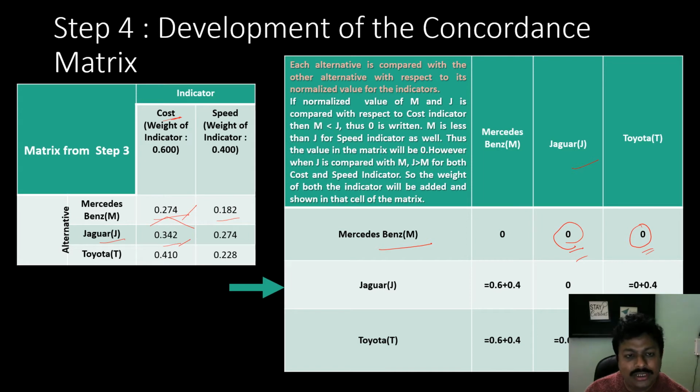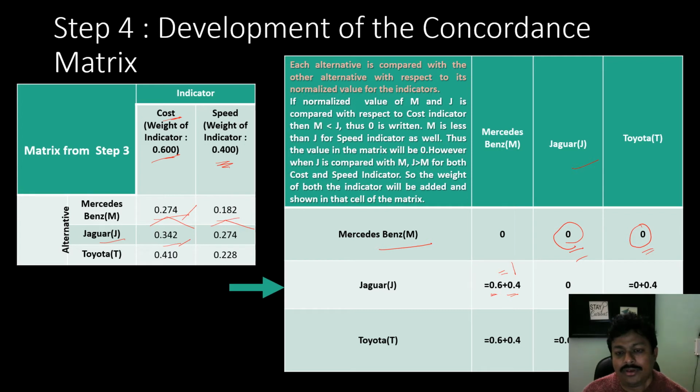So what we do is we write the weightage of importance or weightage of the indicated cost here, as the value of cost for Jaguar is more than the value of cost for Mercedes. Now in case of speed also 0.274 is greater than 0.182. That is why the weightage of the indicated speed criteria is also added here, and this will become 1.